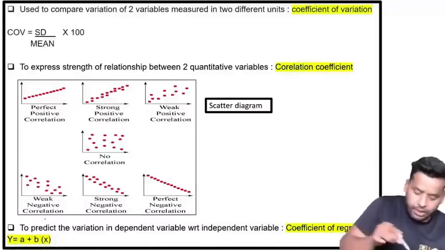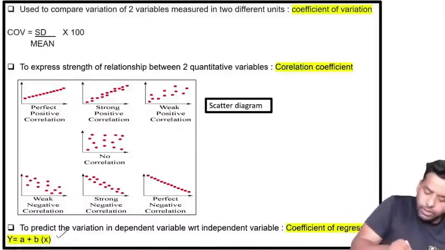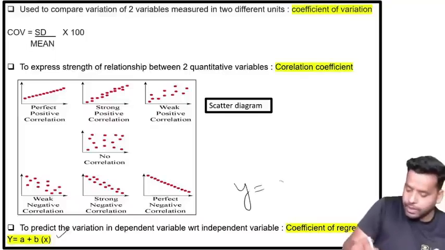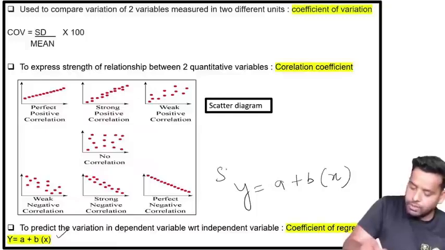If I ask this equation for you, y is equal to a plus bx. Y is systolic blood pressure. X is salt intake.